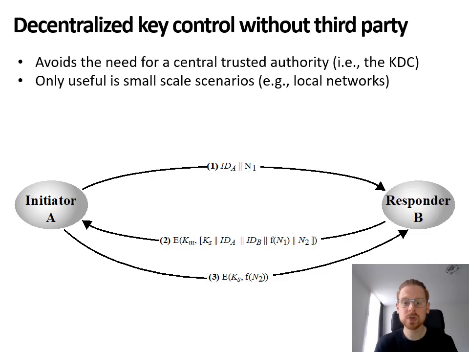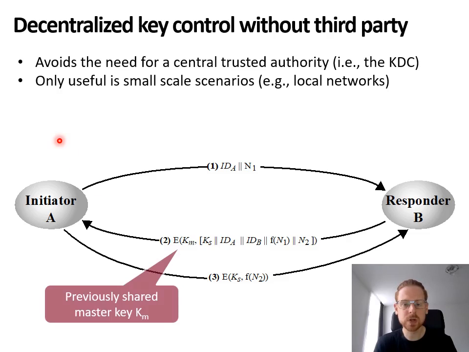Let's take a closer look at how such a decentralized key exchange method would work. As I mentioned, it's only useful for small-scale scenarios, for example in a local network, as a lot of keys need to be maintained. And here you see how the key can be exchanged.